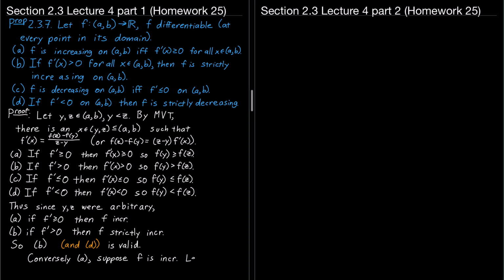And let's let x be in our interval. f is differentiable, so f prime of x, that's the limit as, let's use these letters, y goes to x of f of y minus f of x over y minus x, exists.